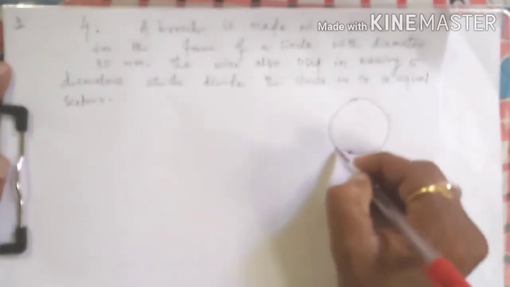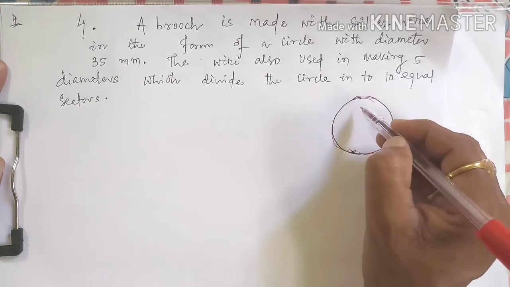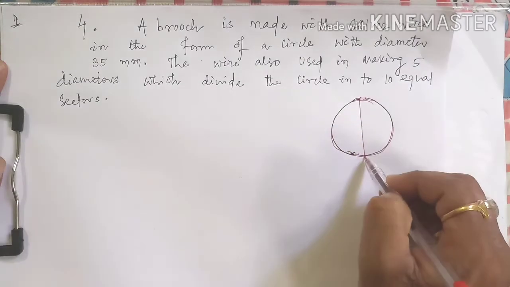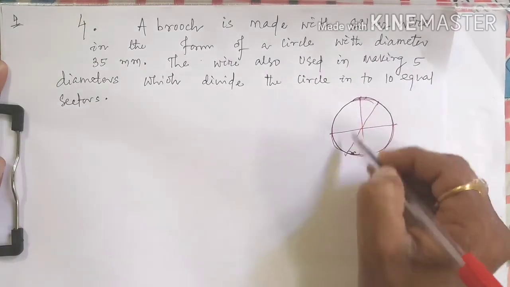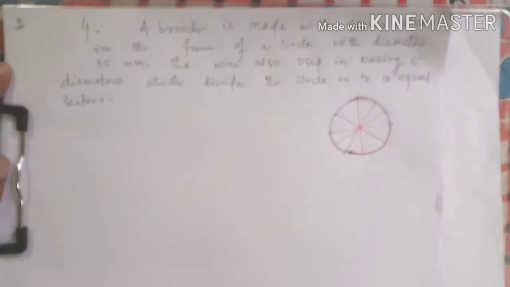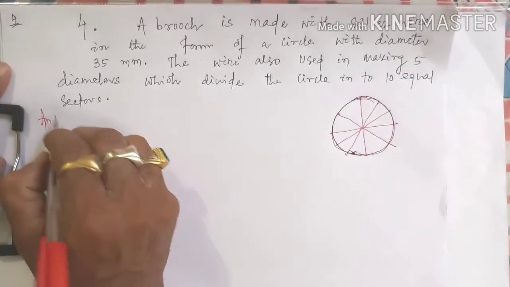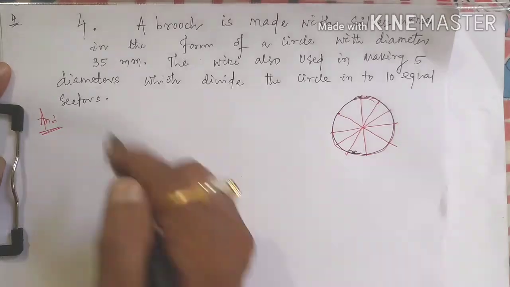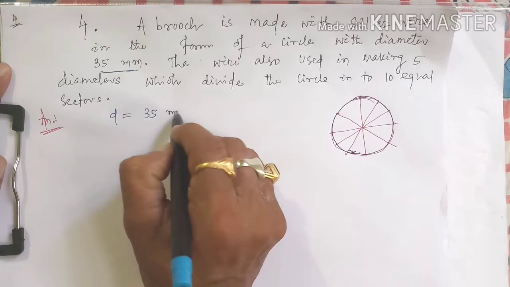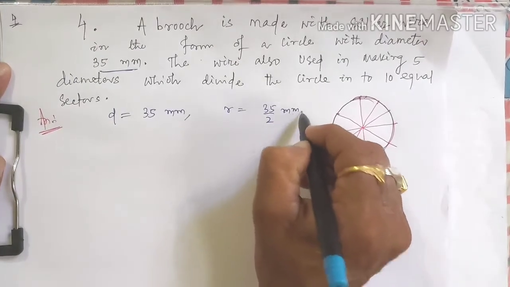A silver wire is wrapped around the circle here. Now it has 5 diameters, suppose 1, 2, 3, 4, and 5, and all the diameters have length 35 millimeter, D equal to 35 millimeter, and we can say R equal to 35 by 2 millimeter.